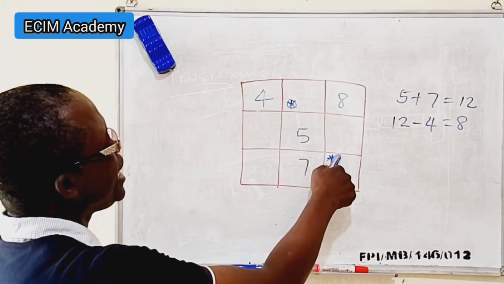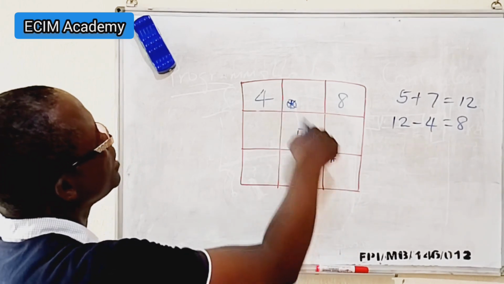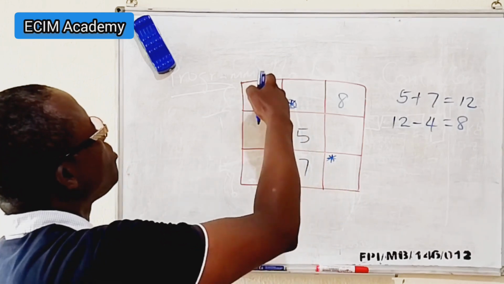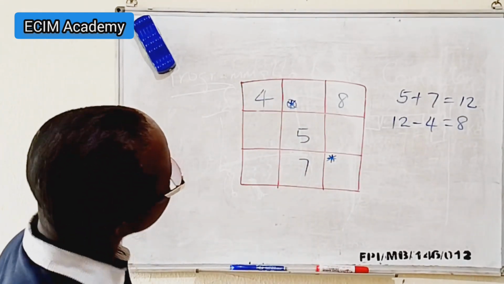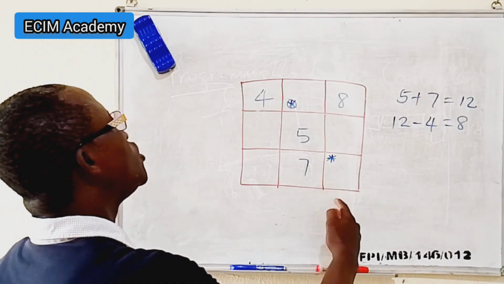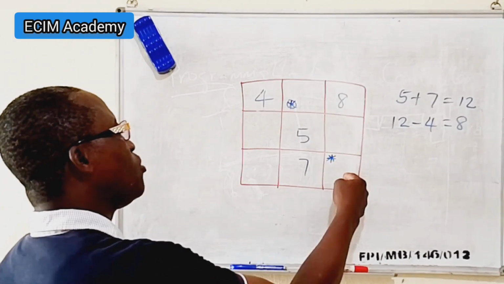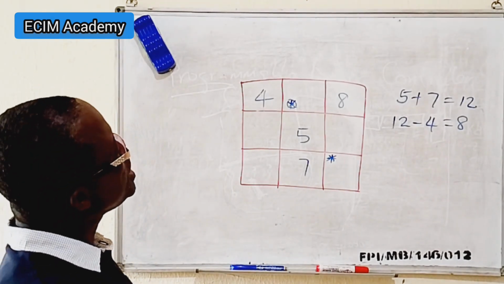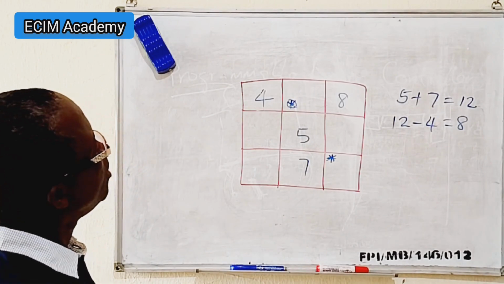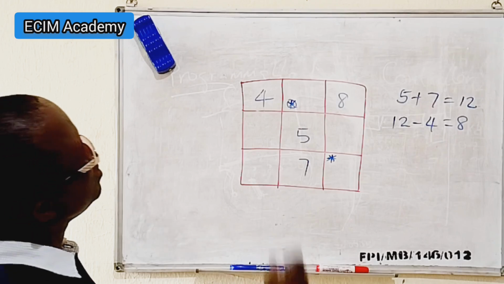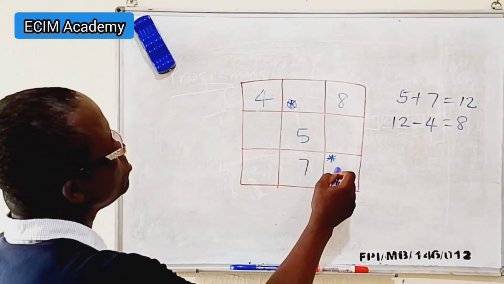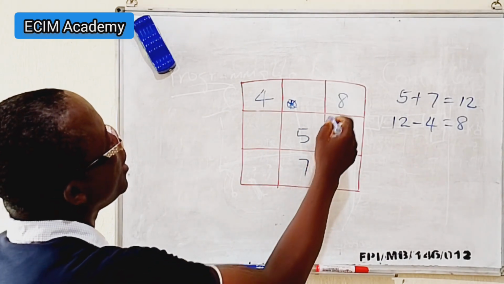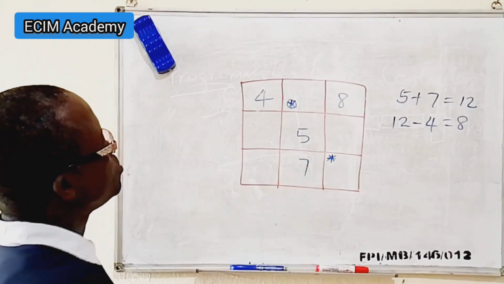And if we can get this particular number, it will complete this diagonal, which will also help us to have only 1 number left on this column, as well as this column. So, what will be the sum of that? All right, so we can look at it this way. 4 plus 5 plus an unknown is also equal to 8 plus 5 plus an unknown.